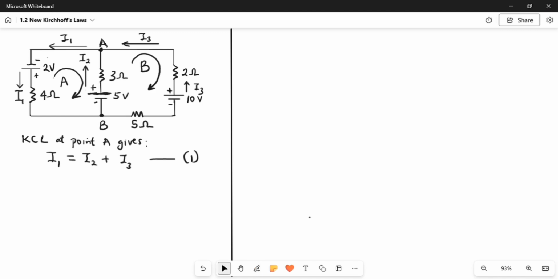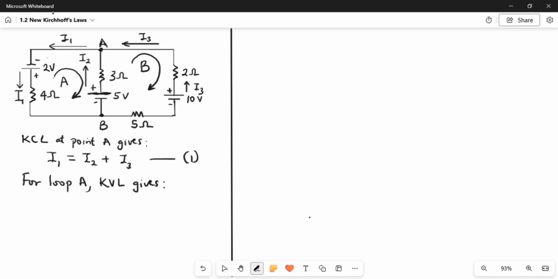Now let's apply KVL. So I'll say for loop A, Kirchhoff's voltage law, which I abbreviated as KVL for short, gives us. Now, the voltage law states that the sum of the potential drops in a closed circuit or in a closed loop is equal to 0.